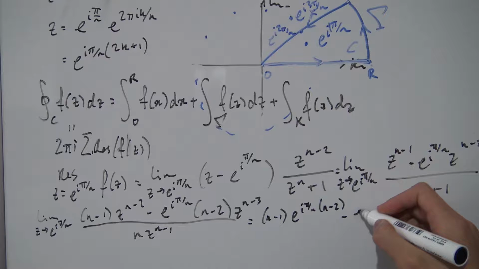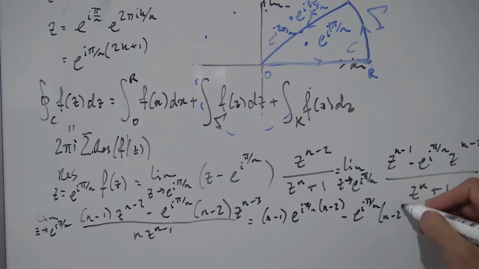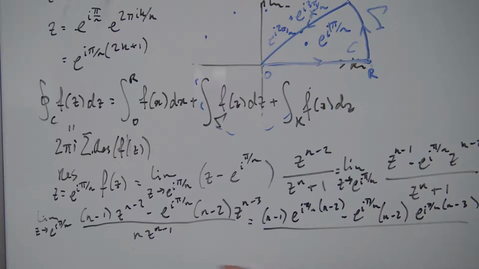And then minus e to the i pi over n, n minus 2, and then z becomes e to the i pi over n, multiplying this power in, so we're going to have n minus 3 like so. And all of that divided by n, then our z becomes e to the i pi over n, multiplying in that power, n minus 1, and we're pretty much done.